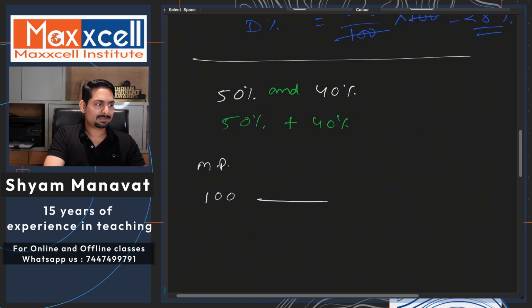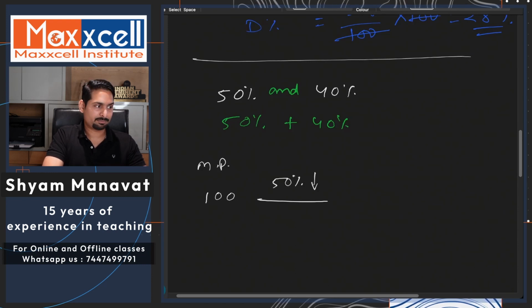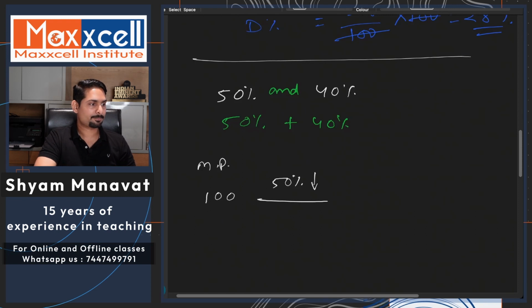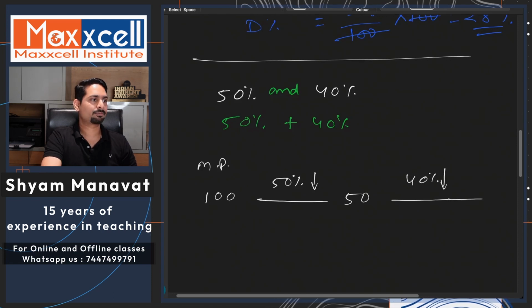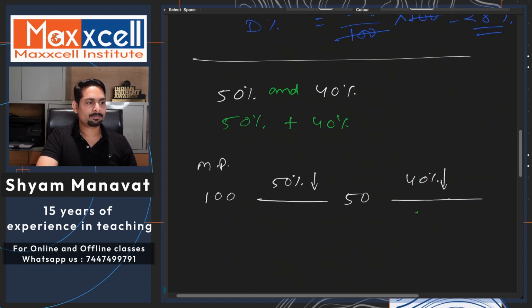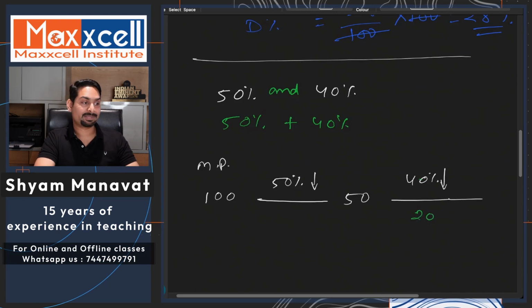Okay, the first discount is 50%, so if I make it 50% less, the new value will be 50 again, correct? On this 50, you're again giving 40% discount, so 40% of 50, 4 5s are 20, there will be a discount of 20 rupees on 50.